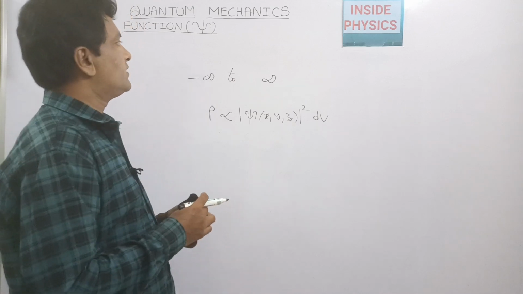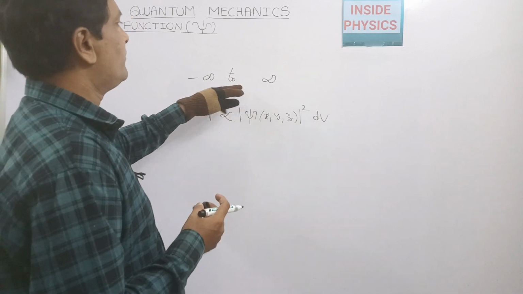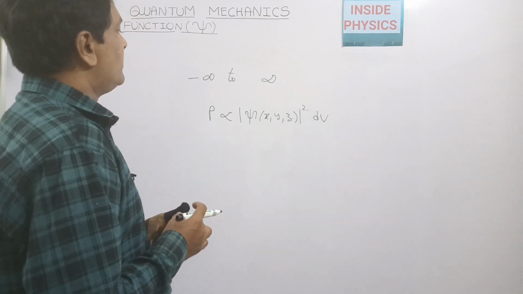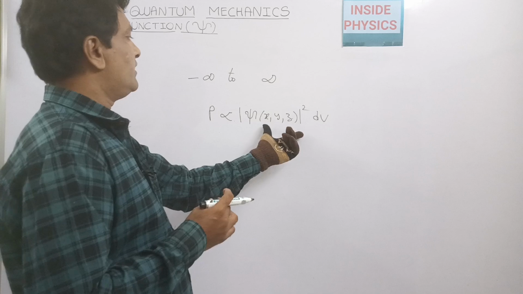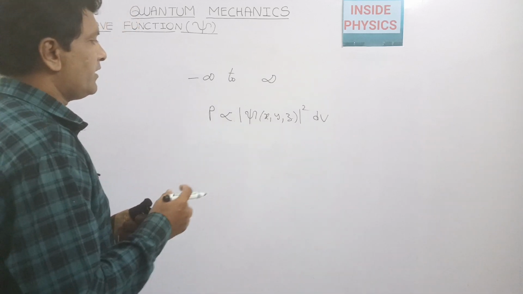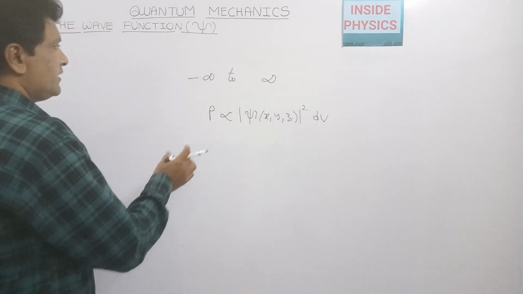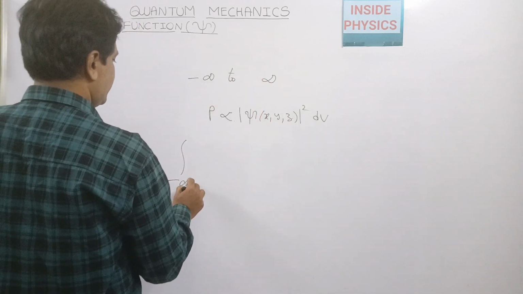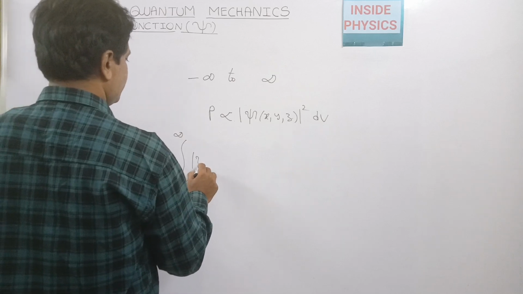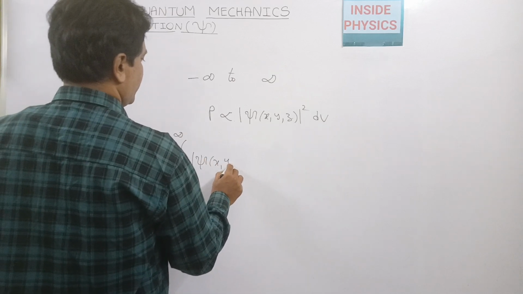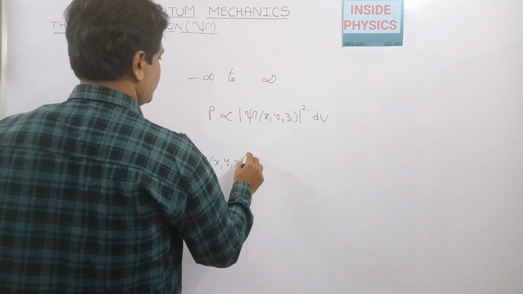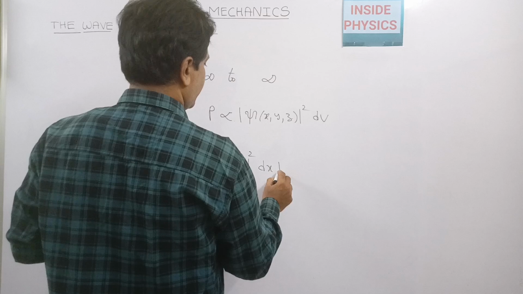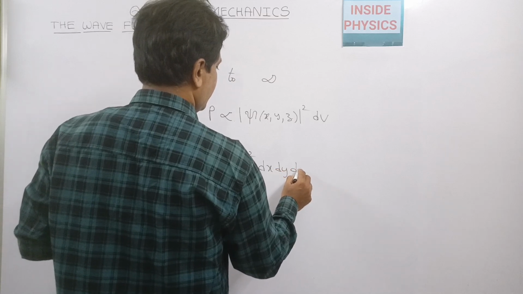But the space we are considering is minus infinity to infinity, an unlimited area. So this can be written as the integral from minus infinity to infinity of psi of x y z, where dv is a three-dimensional space that we write as dx dy dz.